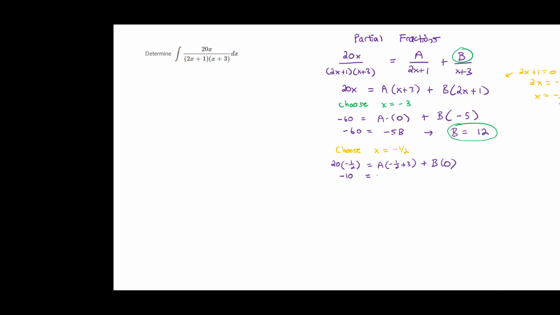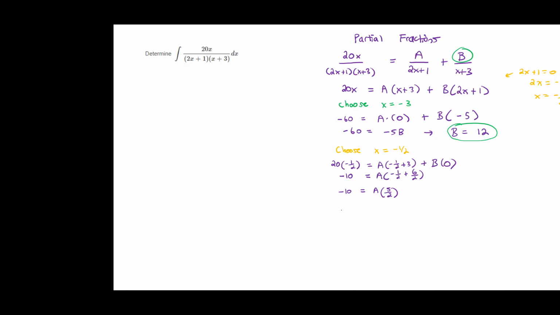So negative 10 is equal to, now in that bracket on the right hand side, we're going to have to make common denominators. So 3 is the same thing as 6 over 2. So negative 10 is equal to a times positive 5 over 2.